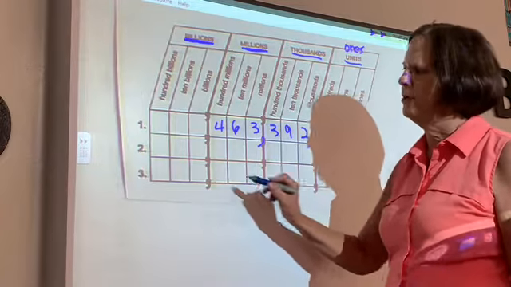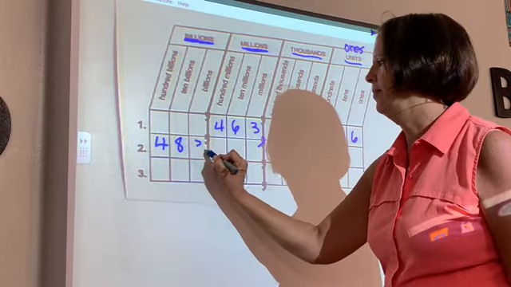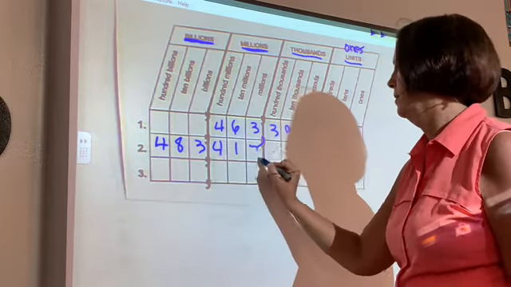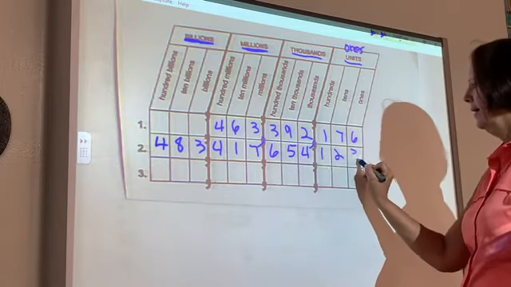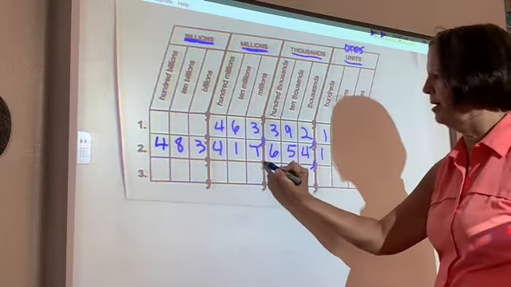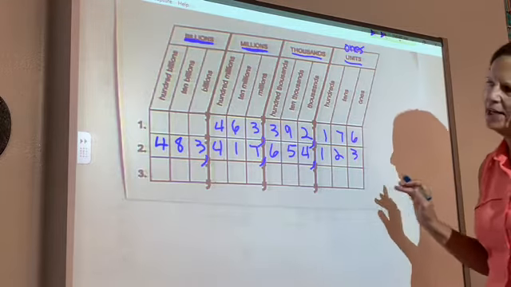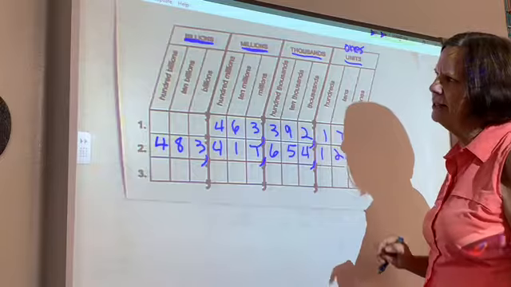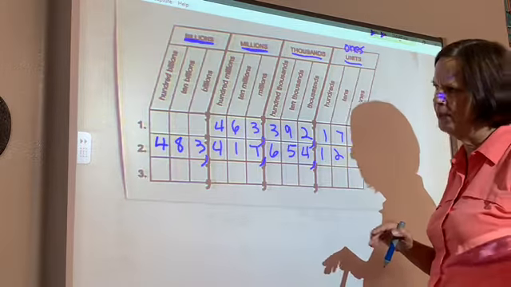Now, let's try one that takes us into the billions. So I'm going to add 3 more digits. And again, be certain that you put your commas after every group of 3. And again, if I just say the 3 digits at a time and put the place value it's in, my number will be correct.